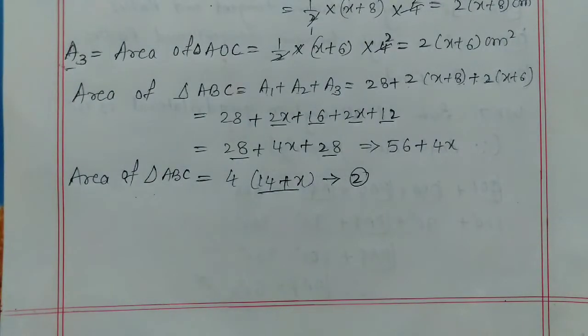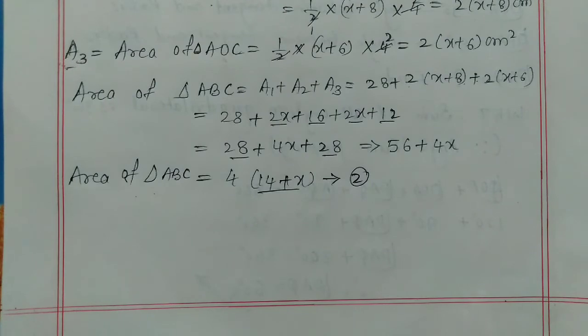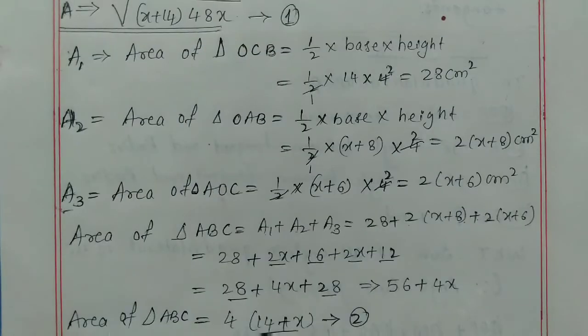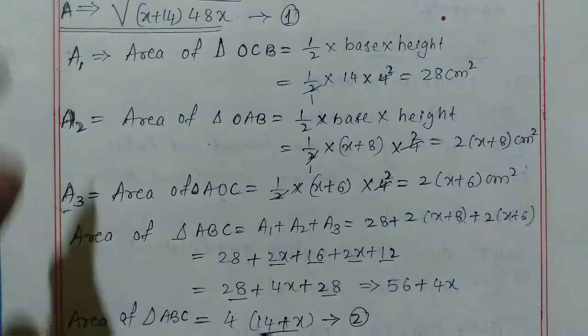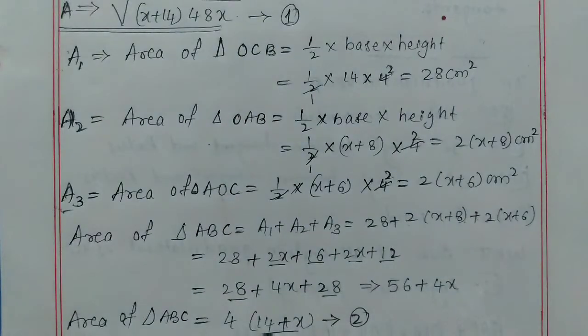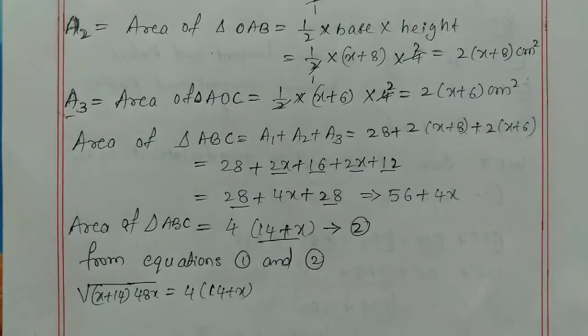Okay, so next I will equate equation 1 and 2, because area is same. This is also area, this is also area, so that's why I will equate equation 1 and 2. So from equation 1 and 2, square root of x plus 14 into 48x, this is the first equation.